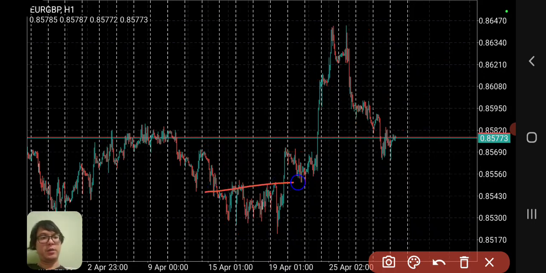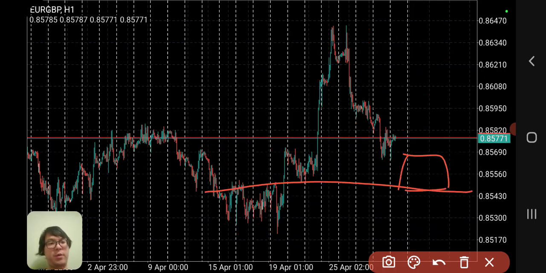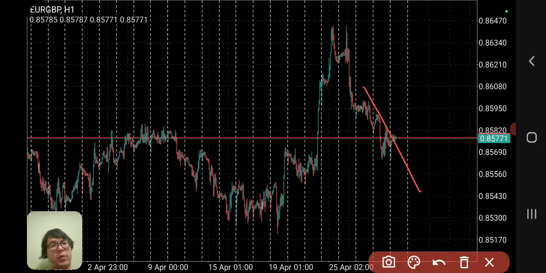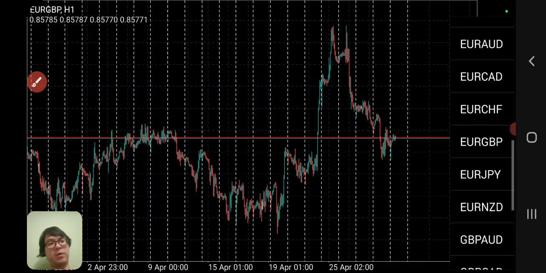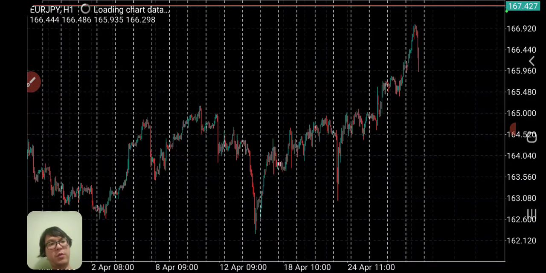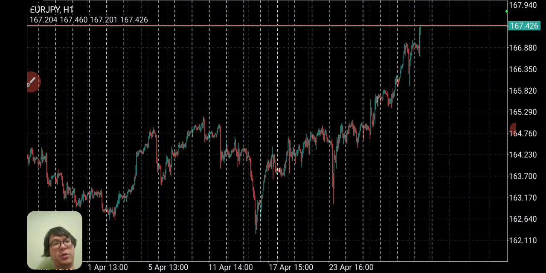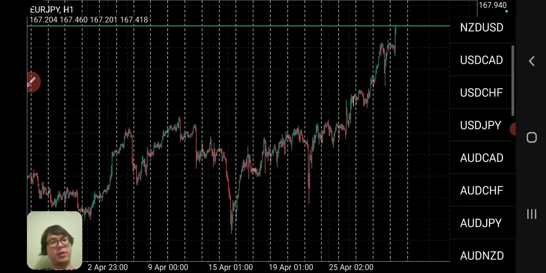Even we hit dimension 5 area, we still need to be very careful for the trend line still holding. As a result, this pair, no trade. Euro Yen shooting up, pricing no trade.